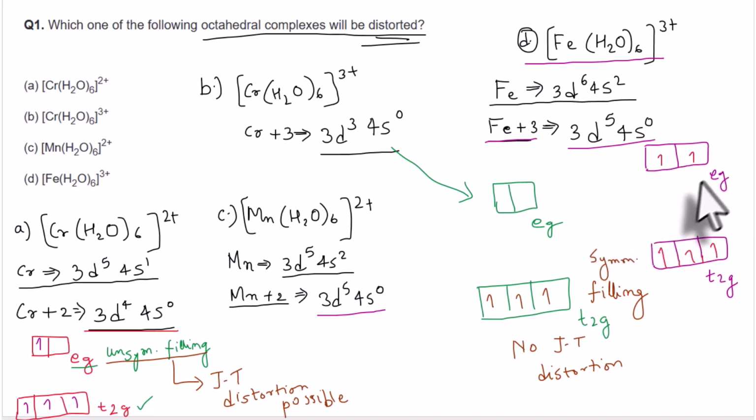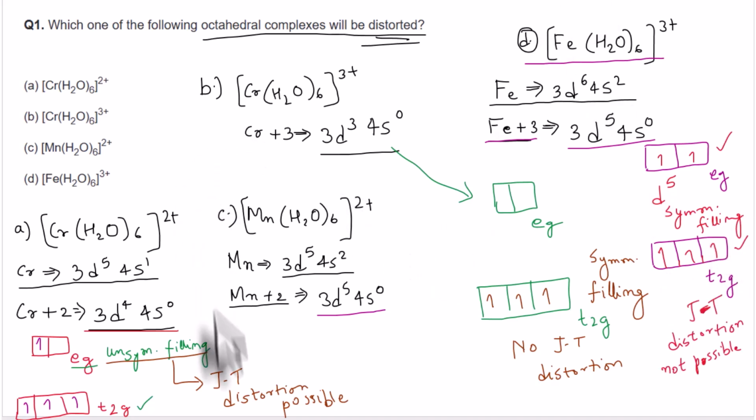You can see that eg is symmetrically filled, with 2 orbitals having 1 electron each. T2g is also symmetrically filled, with all 3 orbitals occupied by 1 electron each. So this is symmetrical filling. That means in these two cases, C and D, there is no possibility of Jahn Teller distortion.